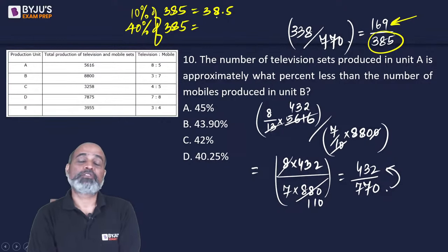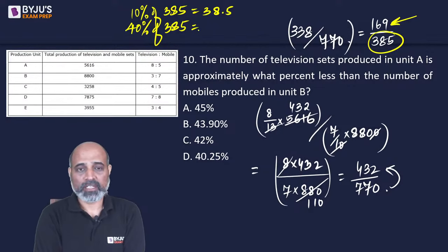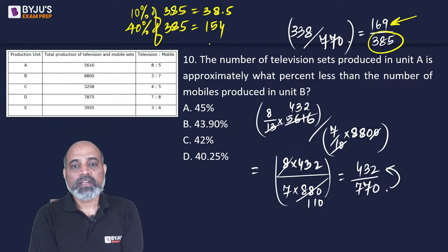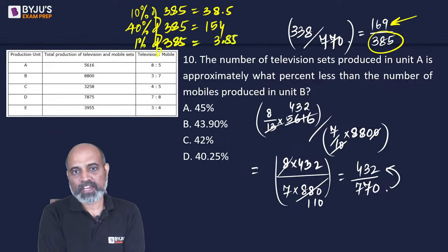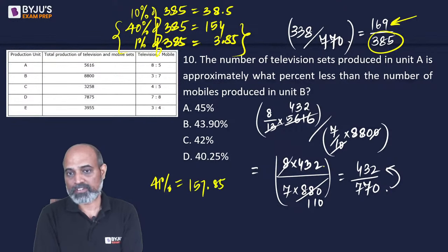So 38.5 doubled is 77, and 77 doubled is 154. Now if we calculate 1% of 385, which is simply 3.85, and add these two, we will get 41% as 154 plus 3, which is 157.85.